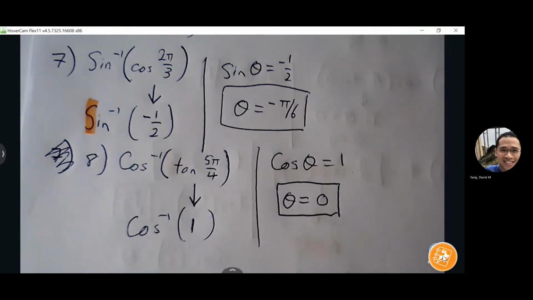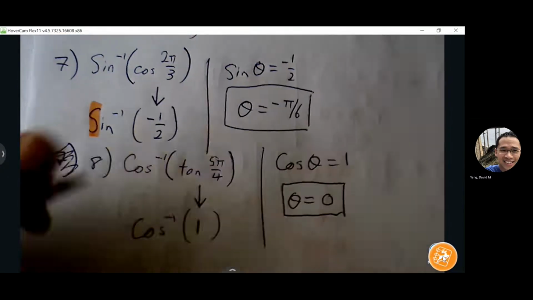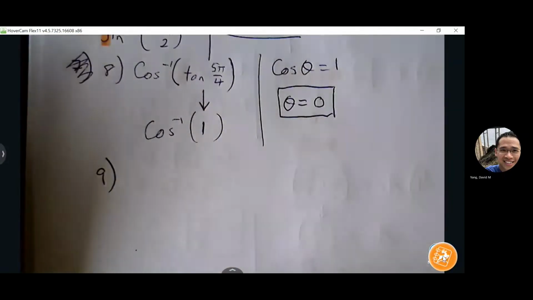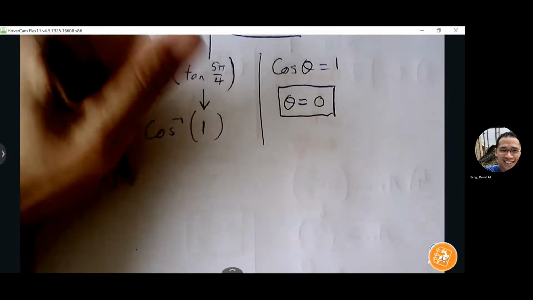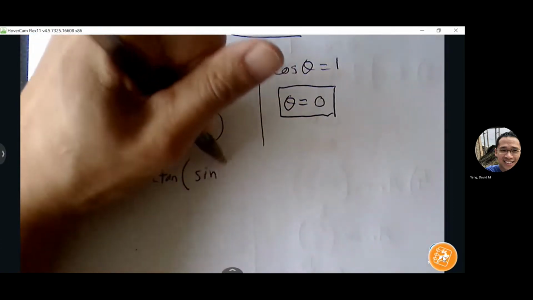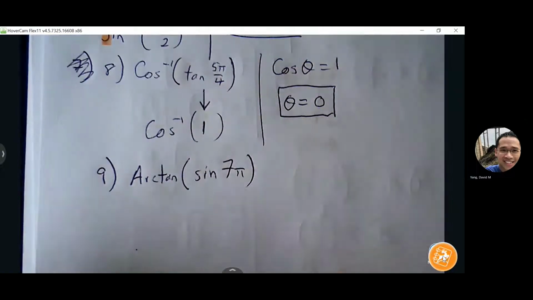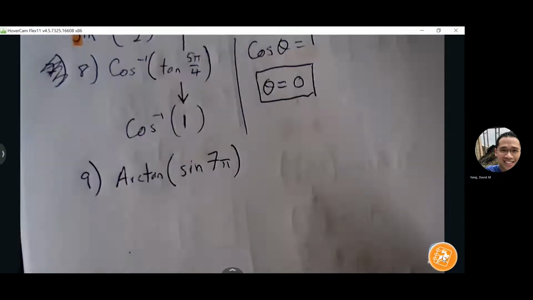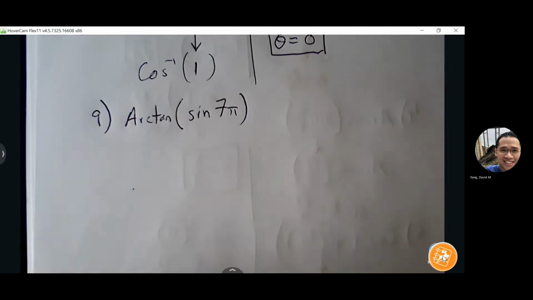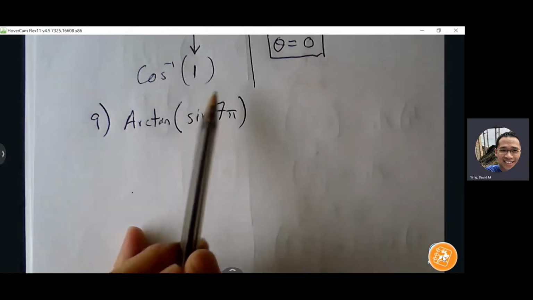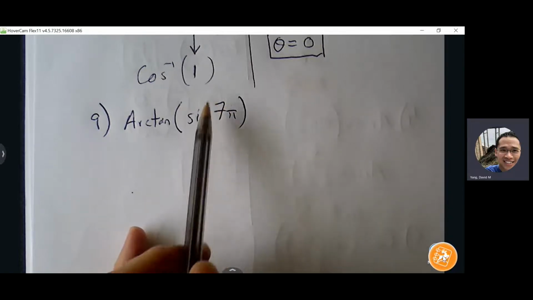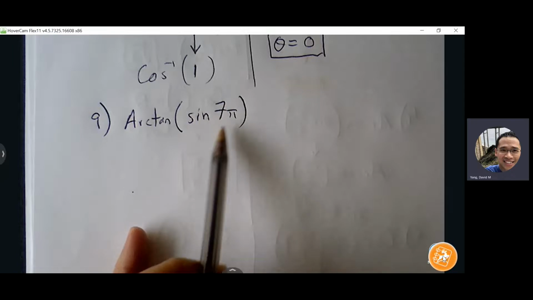Okay, number 9. Sine of 7 pi, we know that these are coterminal angles, right? So if I keep subtracting 2 pi, I can make it more familiar.